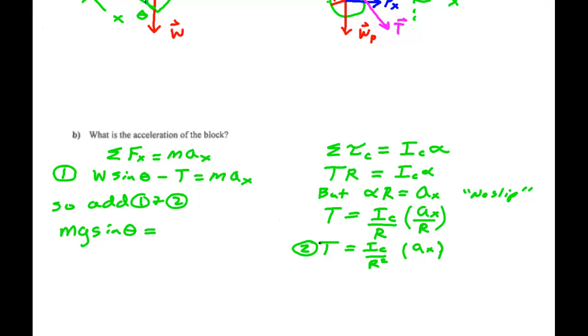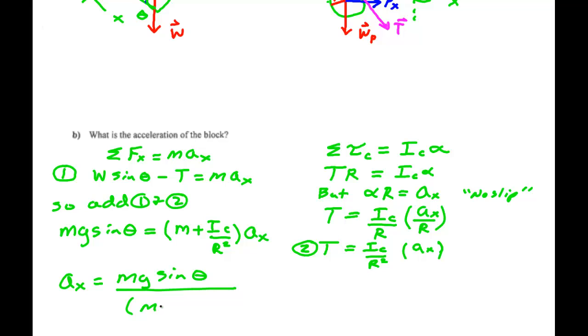The T's cancel, and we get m plus I_C over r squared times a_x. So a_x is mg sine of theta over m plus I_C over r squared.